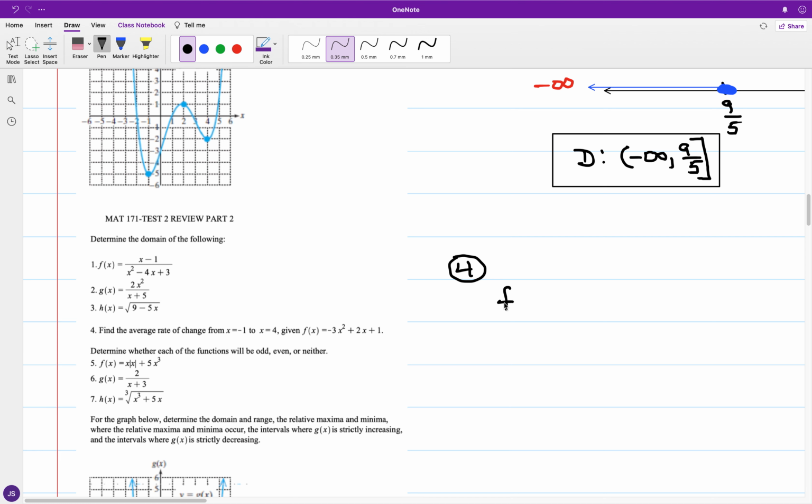So we have f of x is equal to -3x squared plus 2x plus 1. Now, for what we have at x is equal to -1, we have that y is equal to f of -1.